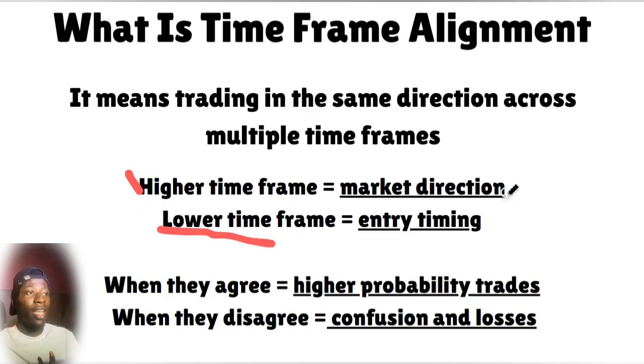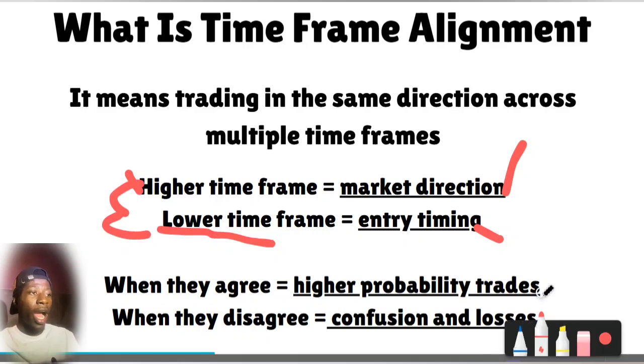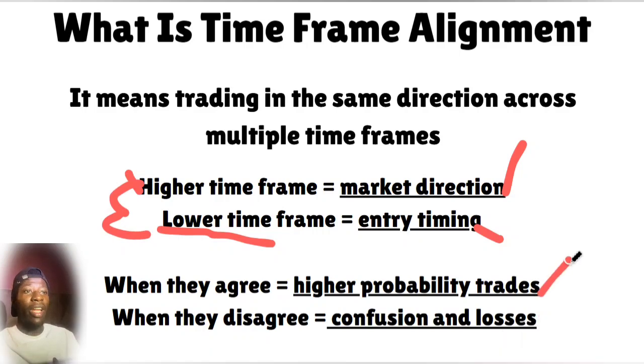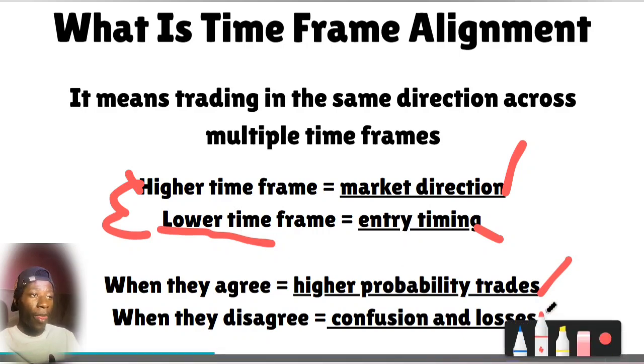We use the higher time frame for market direction, and the lower time frame we use for entry timing, right? And you need to understand also that when the higher time frame and lower time frame agree, it equates to a high probability trade, and when the higher time frame and lower time frame disagree, it often leads to confusion and losses, right? So take note of this, right?